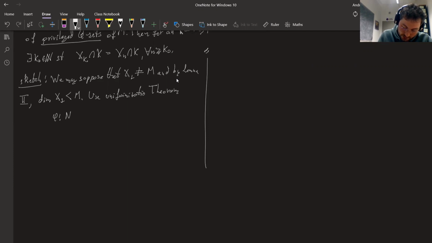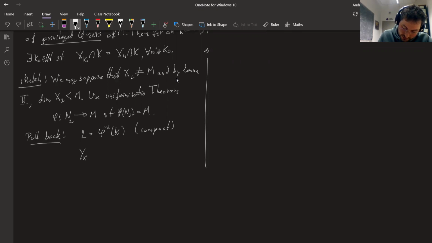Phi from N to M, such that phi of N1 is equal to M. Pull back. So we take L equal to phi minus 1 of K. It's compact because phi is proper.